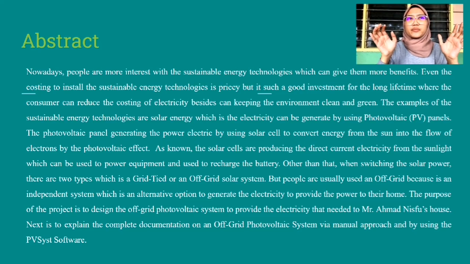People usually use the off-grid one because it is an independent system, an alternative option to generate electricity to provide power to their home. So for this project, we are using the off-grid photovoltaic to install it at Mr. Ahmad Nisfu's house, to provide the electricity needed for his house.